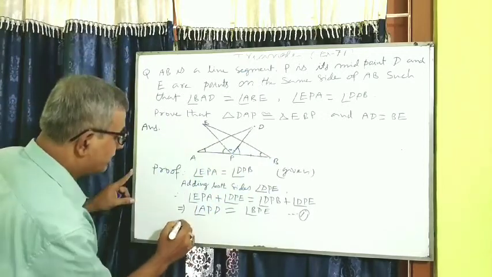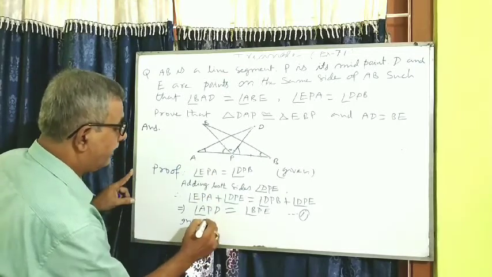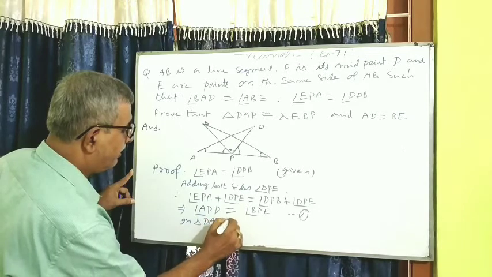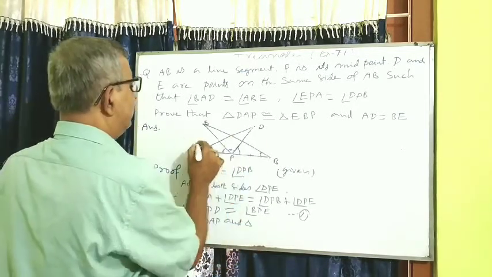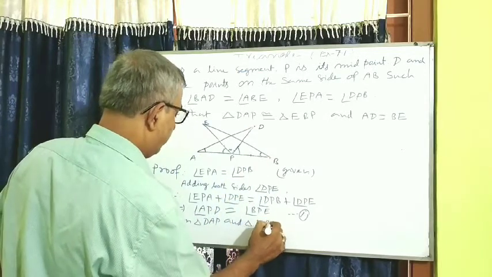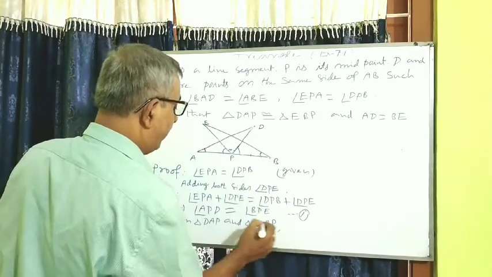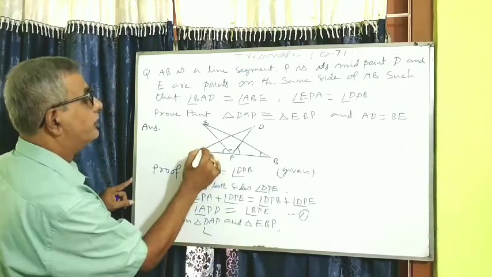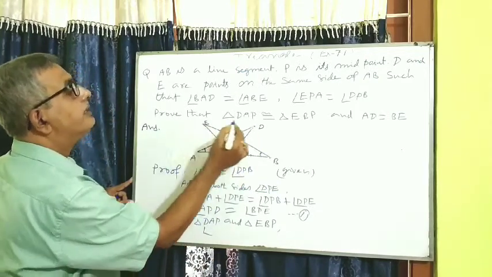So in triangle DAP and triangle EBP, what are the things? Angle DAP, here is DAP.